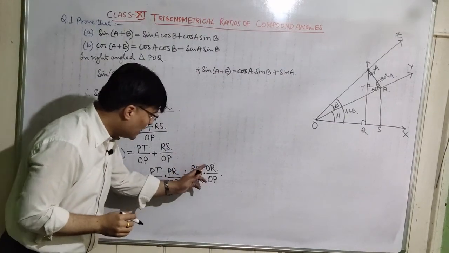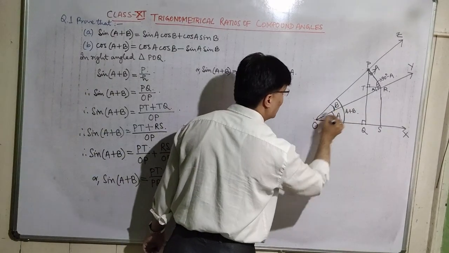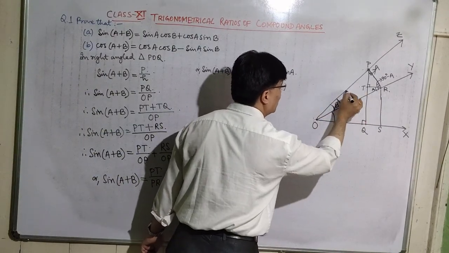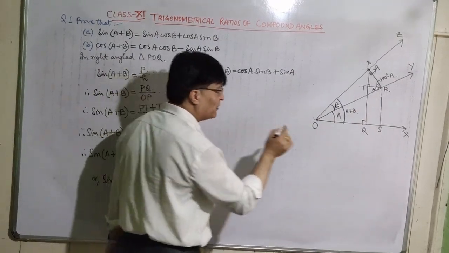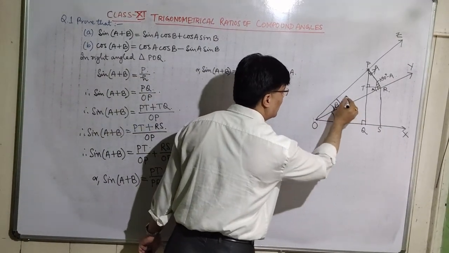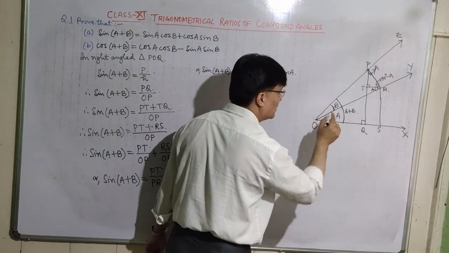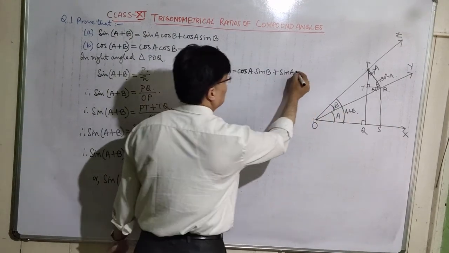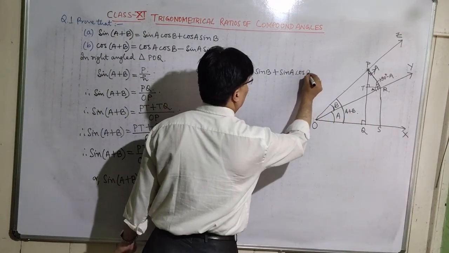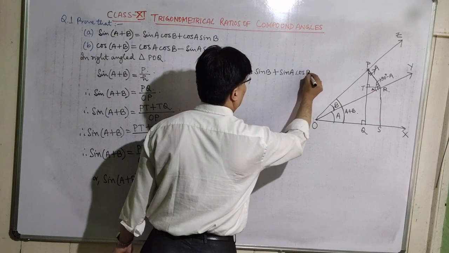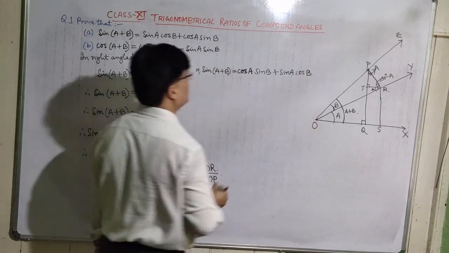So OR upon OP means B upon H. According to the formula, what is B upon H? That is cos B. So this will be your cos B.